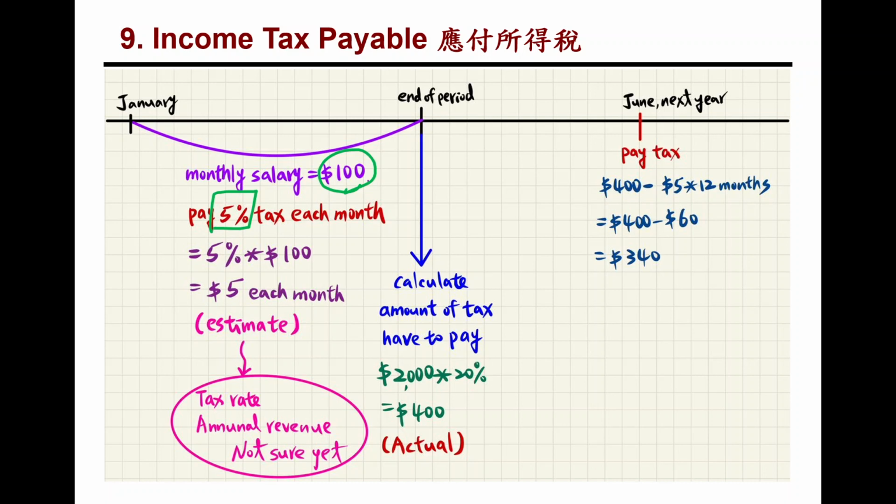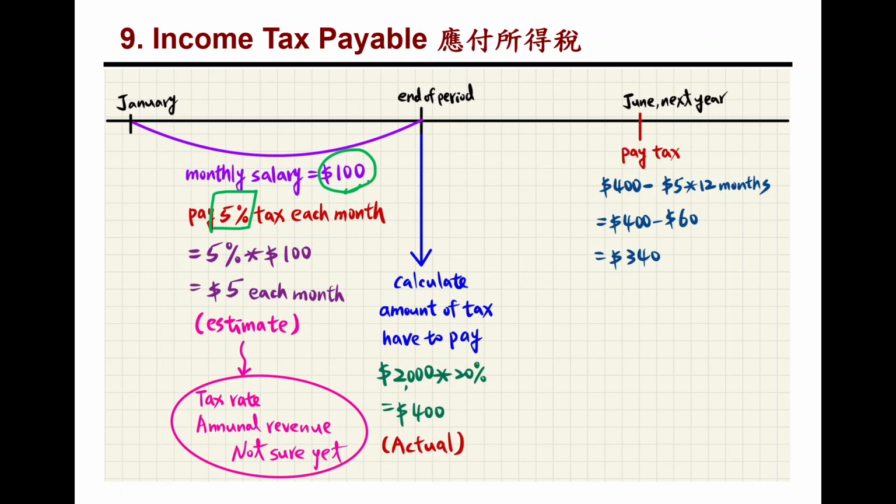Still, what's my actual tax rate should based on my annual 1 year salary, right? So each month I pay the $5 in advance. Why? Because government want their money as soon as possible, as early as possible. So I pay the $5. Okay. Then after that, when I know what's the real tax rate I should pay after the whole year, right?